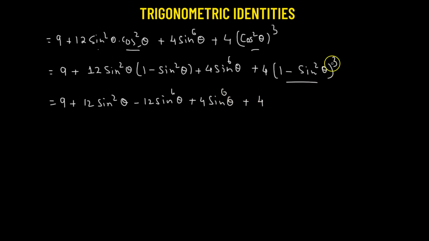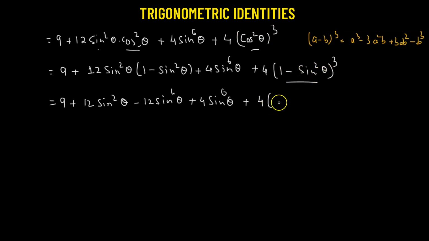Now we need to expand (1 minus sine squared theta) whole cube. Whenever we have (a minus b) whole cube, this can be expressed as a cube minus 3a squared b plus 3ab squared minus b cube. We're going to consider a to be equivalent to 1 and b to be equivalent to sine squared theta.